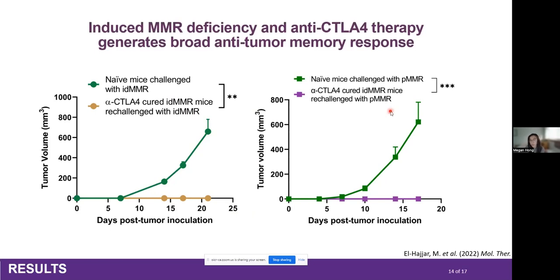And this can be possibly explained by epitope spreading, where the combination effect of induced mismatch repair deficiency and anti-CTLA-4 may be allowing T cells that recognize more rare or cryptic antigens to become activated that can act on these mismatch repair proficient cells.